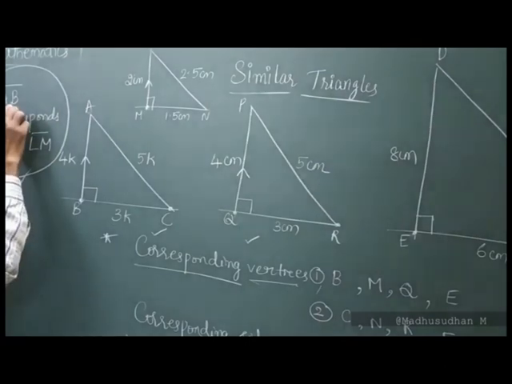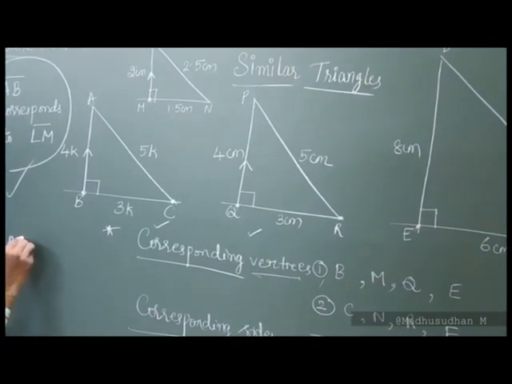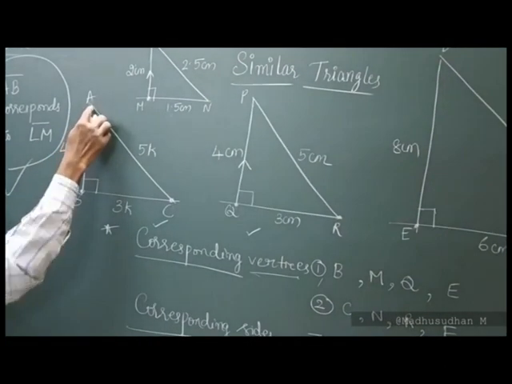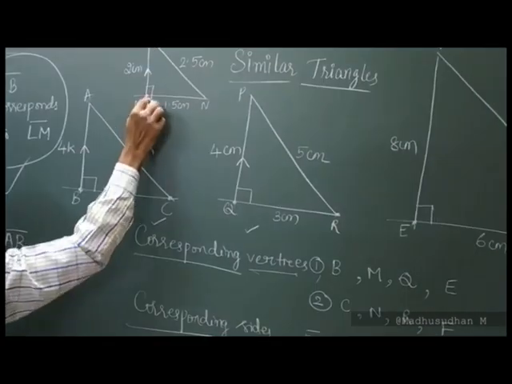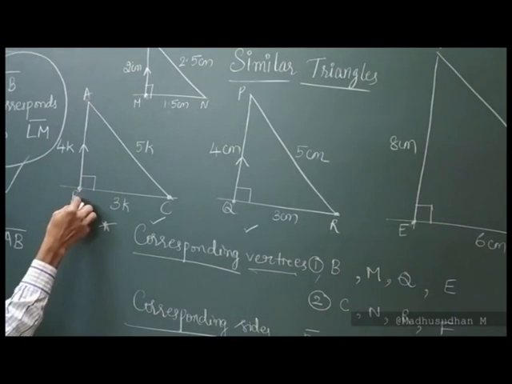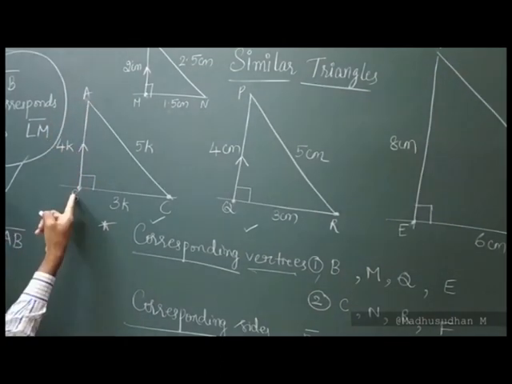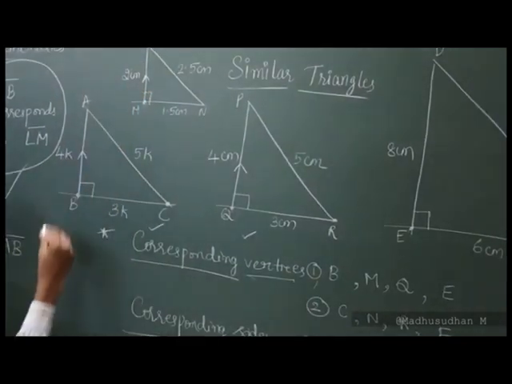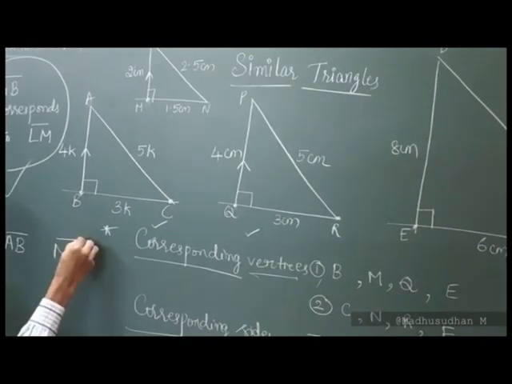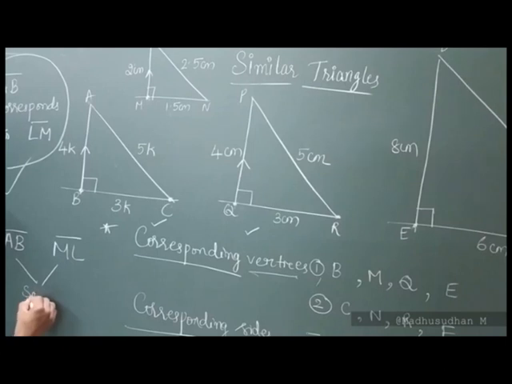Followed it. If I write A to B, and for this figure M to L, A to B moving from this vertex downwards, and for this figure from this vertex moving upwards, M, L, they both have the same length, right?